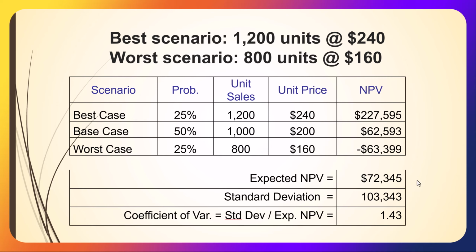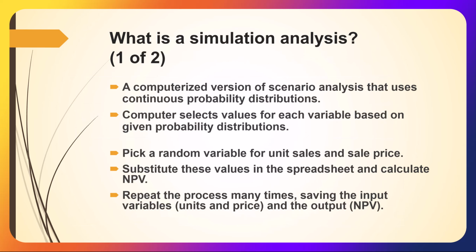The average is 72,000. Standard deviation is 103,000. Coefficient of variation 1.43. So we can get statistics in order to determine the statistical value or the riskiness of these projects.